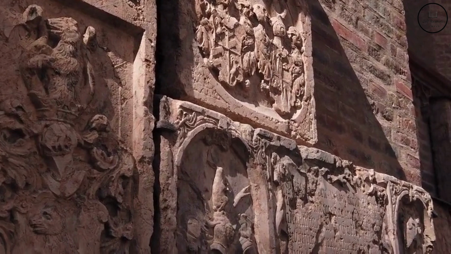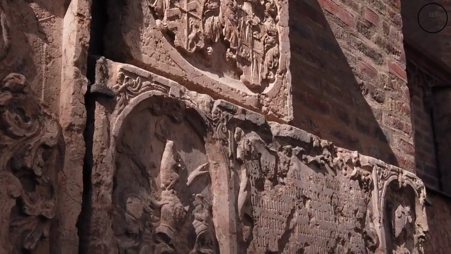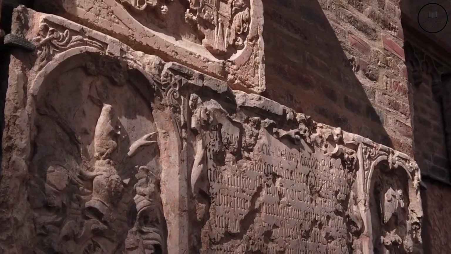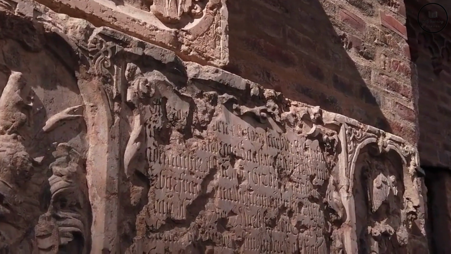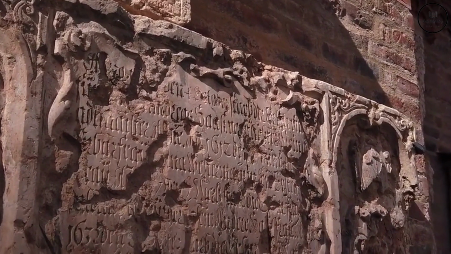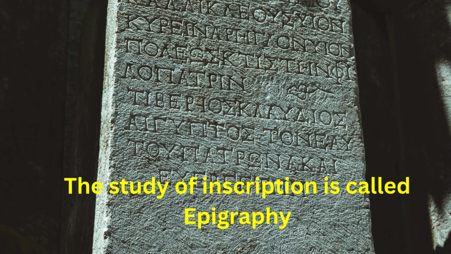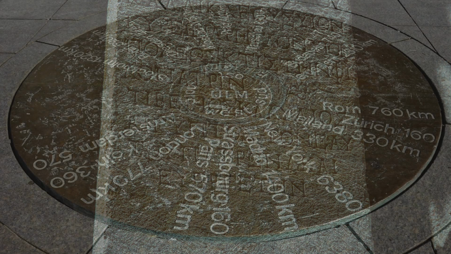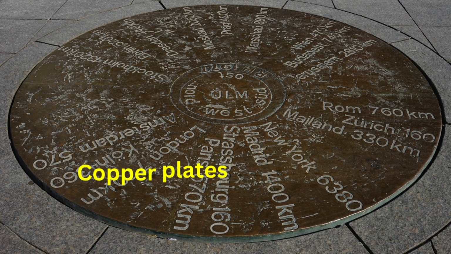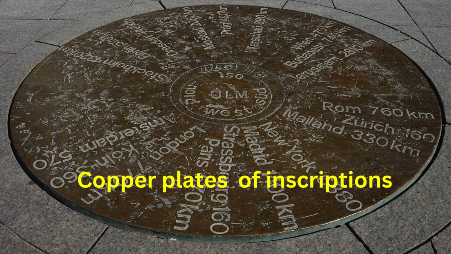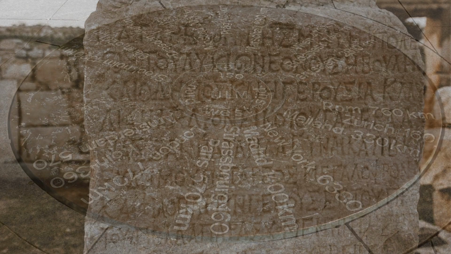Inscriptions. Before the widespread use of paper, inscriptions were a useful way of engraving messages for large audiences. The study of inscriptions is known as epigraphy. Several copper-plate inscriptions were found in and around the temples in South India.